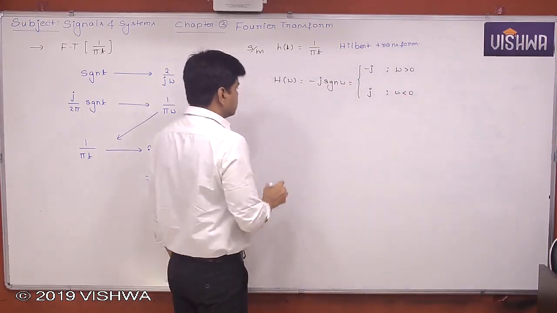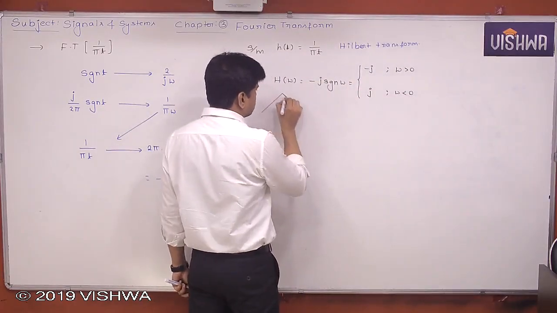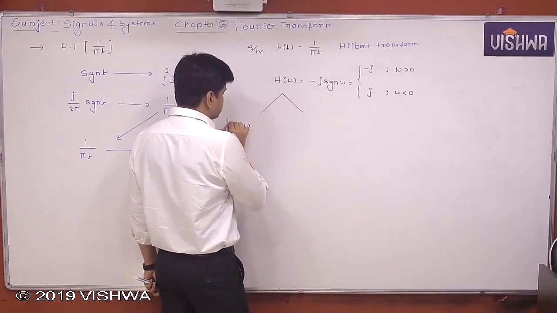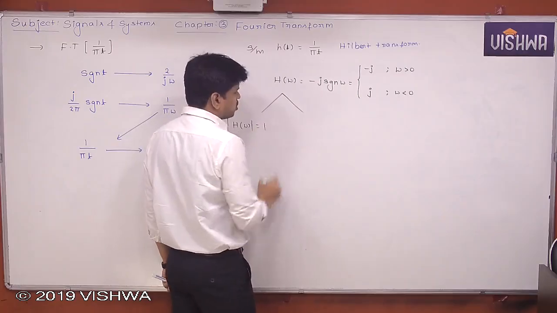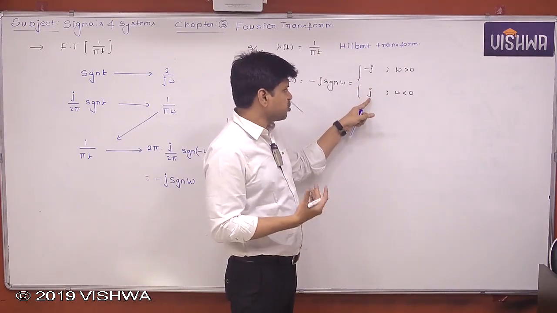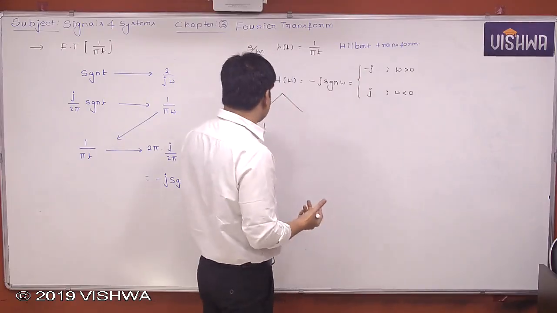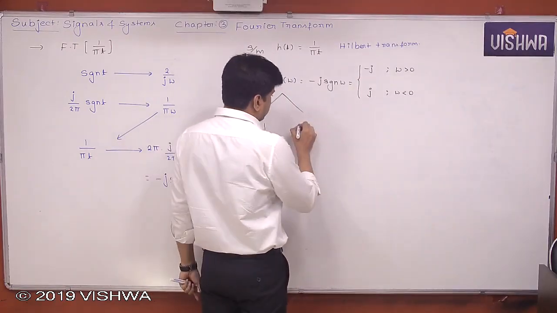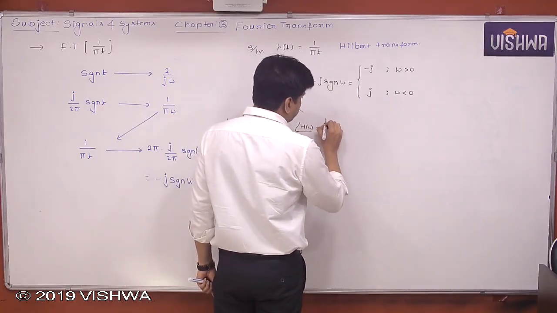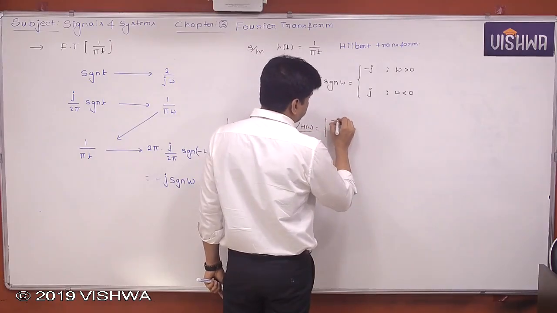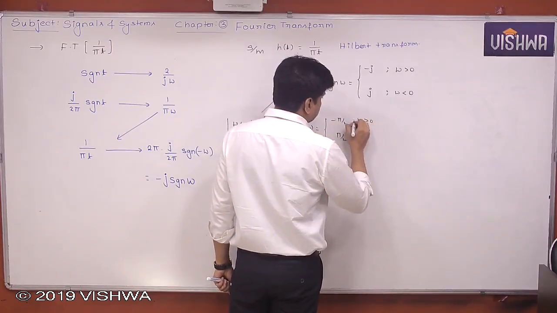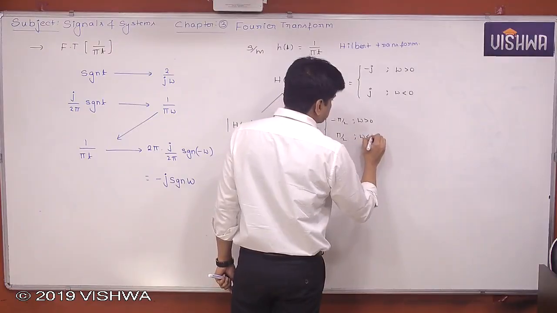If I ask what is mod h of omega, that is the magnitude spectrum. That is nothing but 1, because for minus j the magnitude is 1, and plus j is also magnitude 1. So it is always equal to 1. Then what is the angle spectrum of h of omega? This can be minus pi by 2 for omega greater than 0, or plus pi by 2 for omega less than 0.